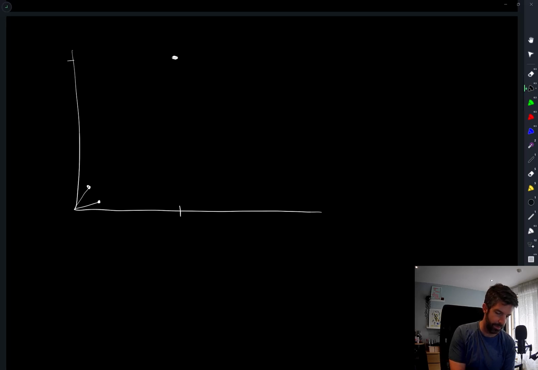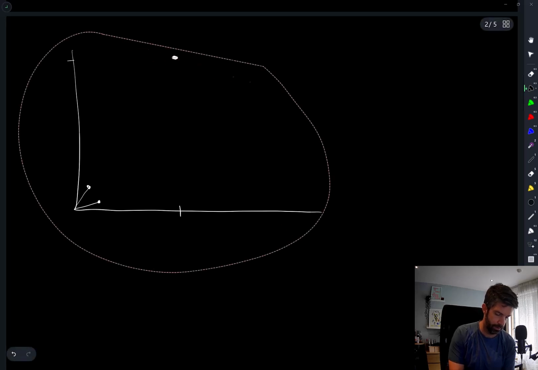Another way of thinking about this. Here's another way of seeing this. Let me redraw this diagram a little bit bigger. So our target is up here. That's 25, 75.